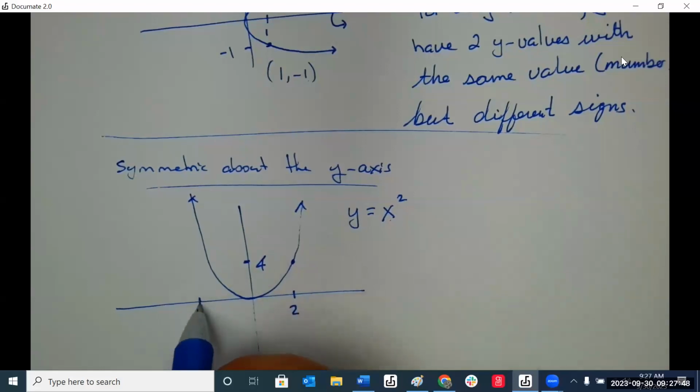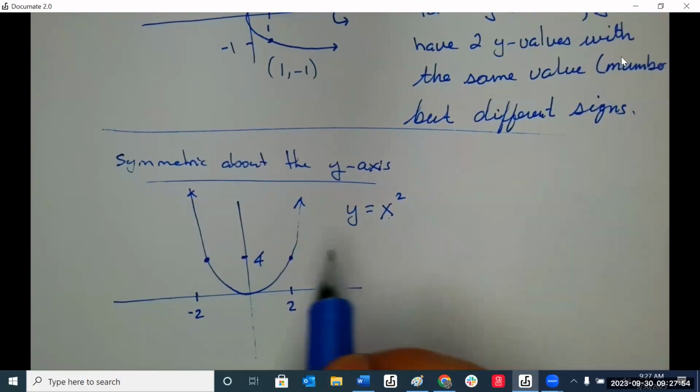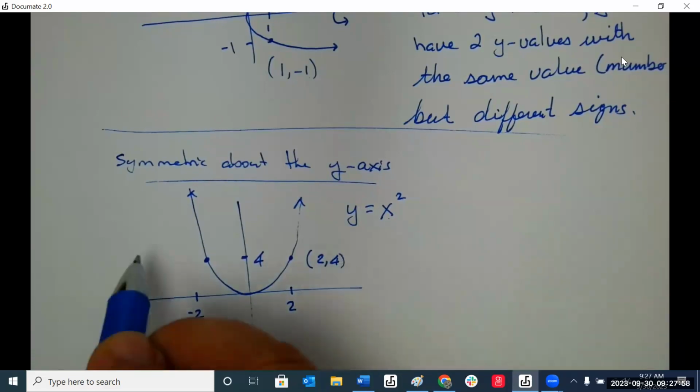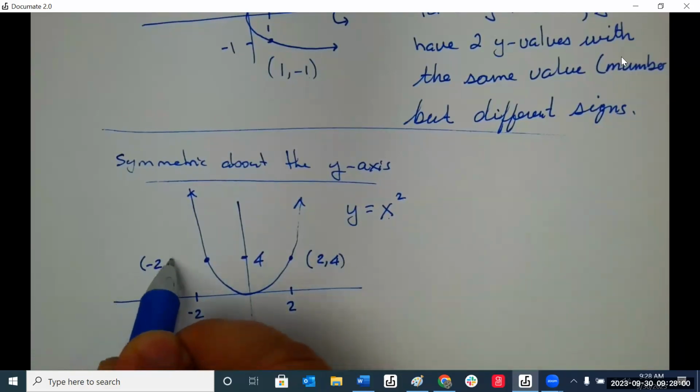When x is negative 2, what is y? Right. So we have 2 comma 4 and negative 2 comma 4.